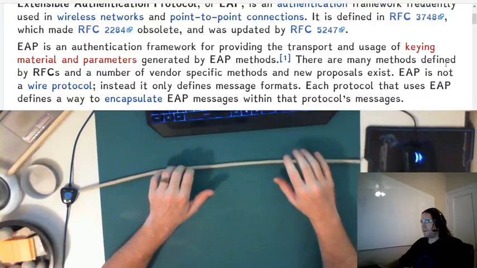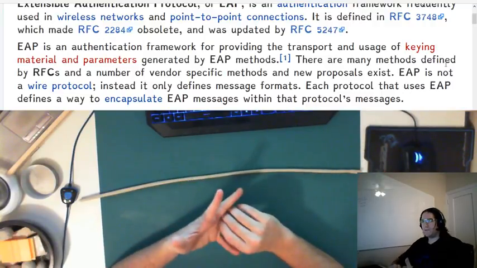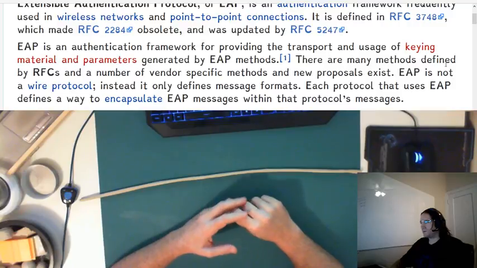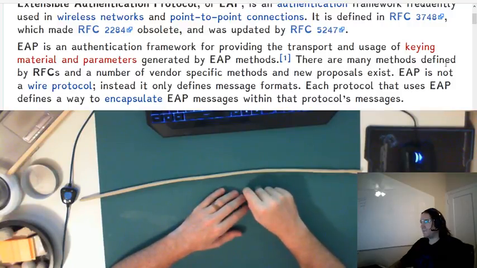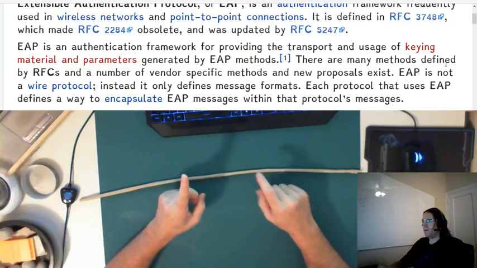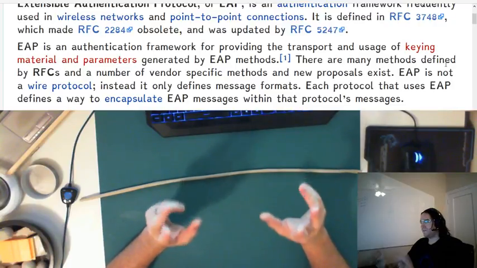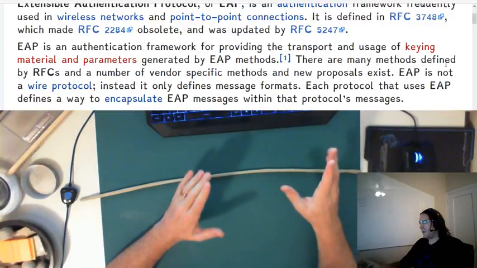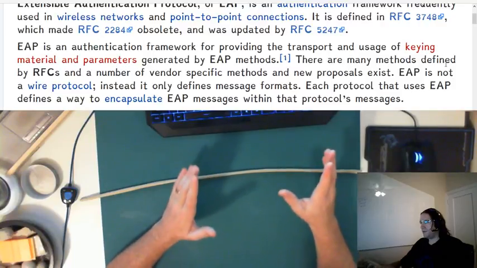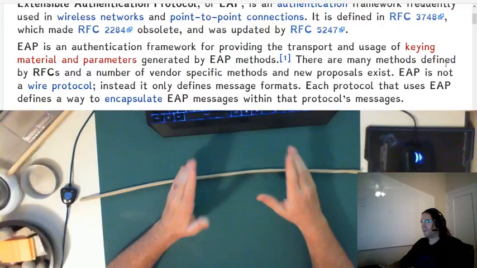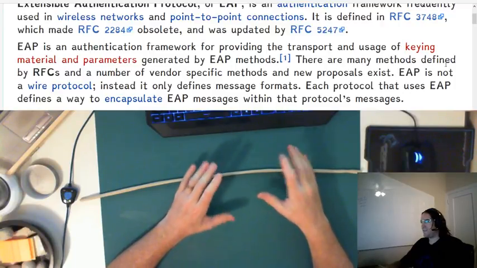EAP is an authentication framework for providing the transport and usage of keying materials and parameters generated by EAP methods.